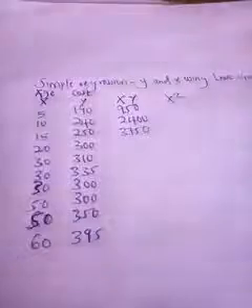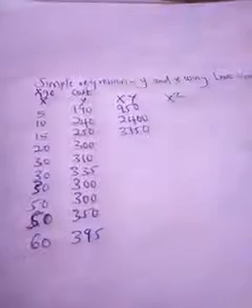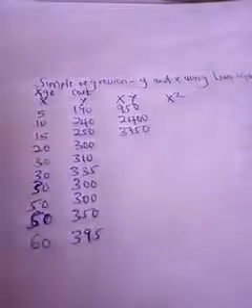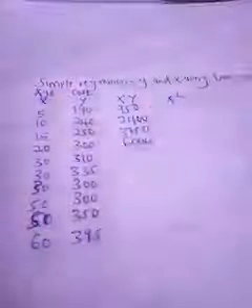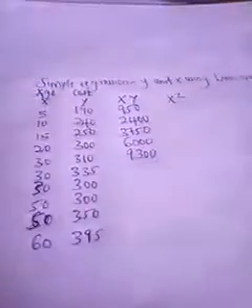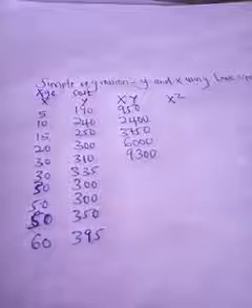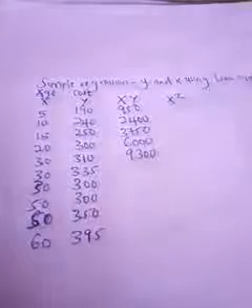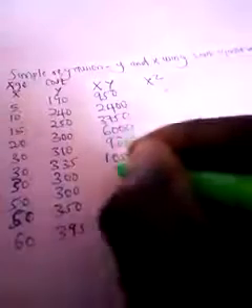Then if you multiply 20 by 300, you get 6000. Then 30 by 310, you get 9300. Then 30 by 335, you get 10,050. Then 30 by 300, you get 9000.